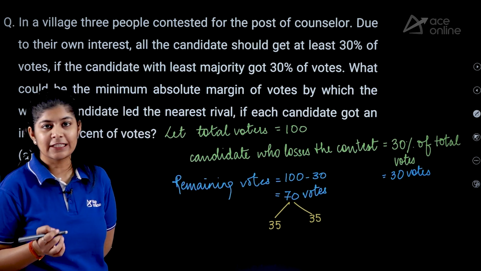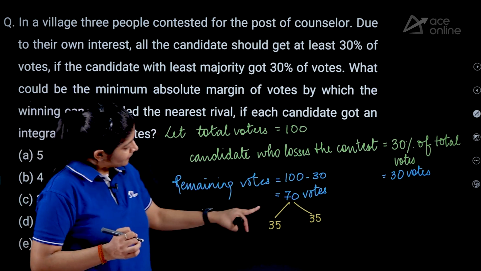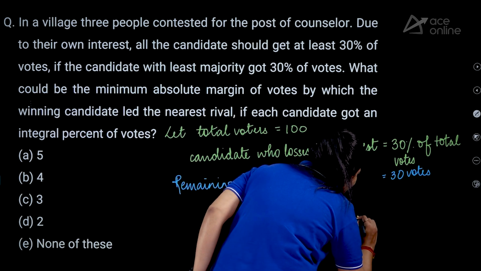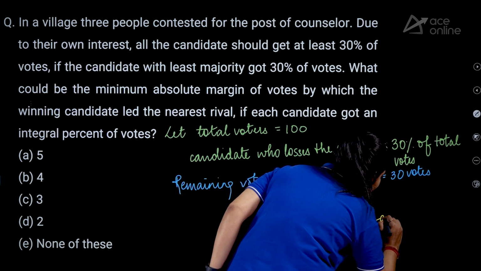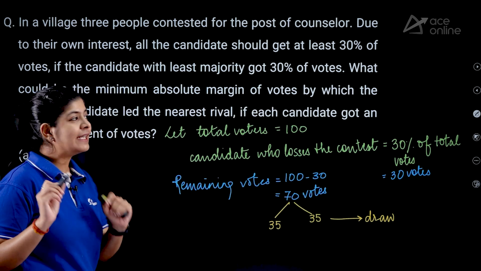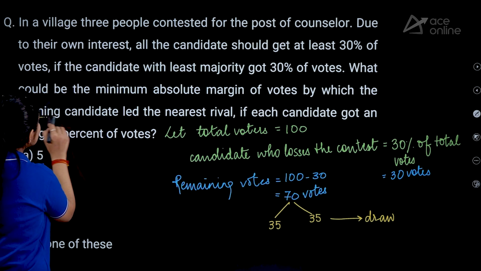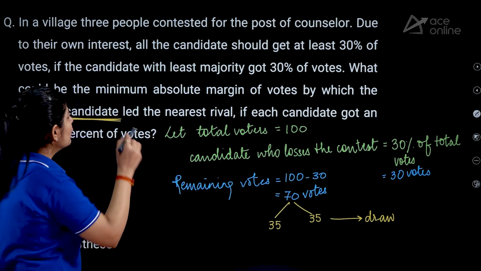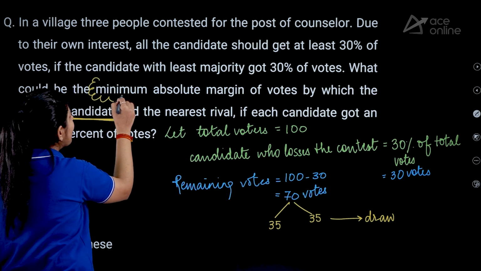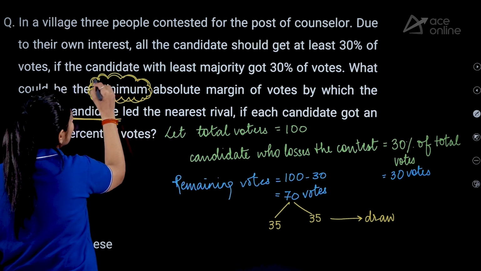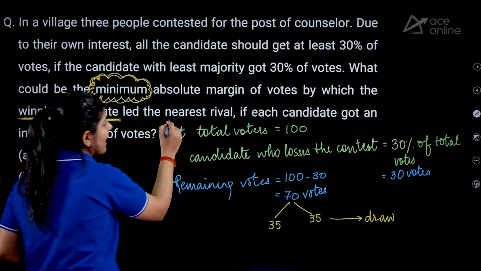But if they are getting 35 votes each, then the election will be a draw. That means there is no winner. But it is clearly given that there is a winning candidate, and we have to focus on this minimum absolute margin with the nearest rival.